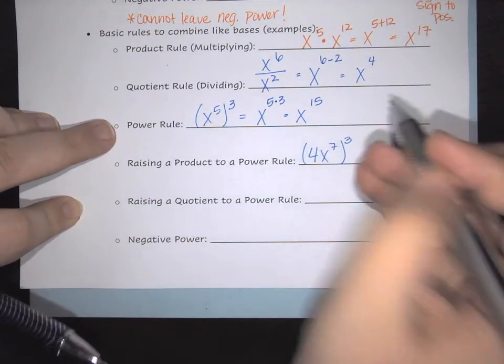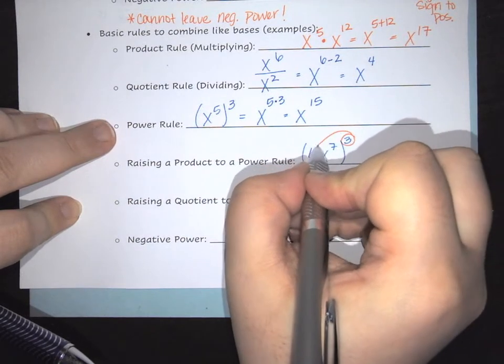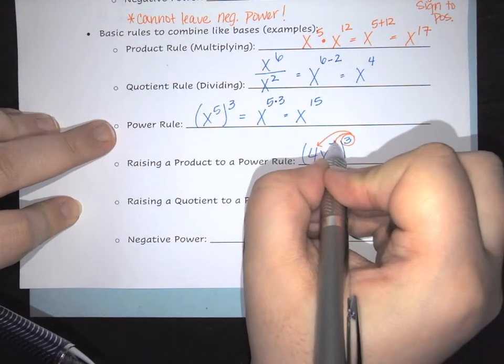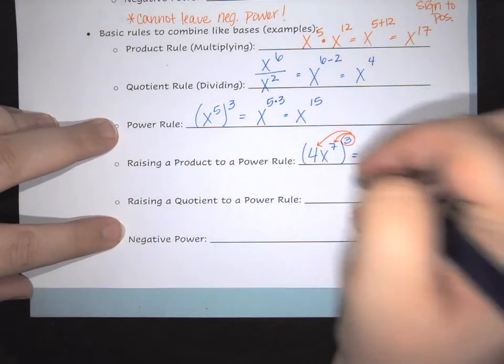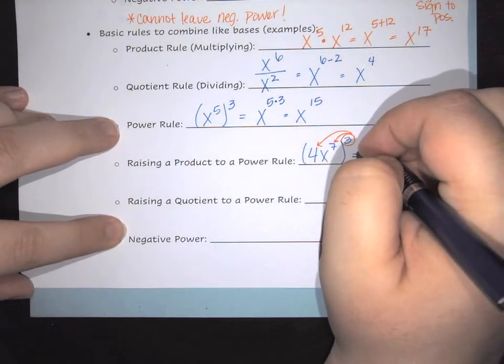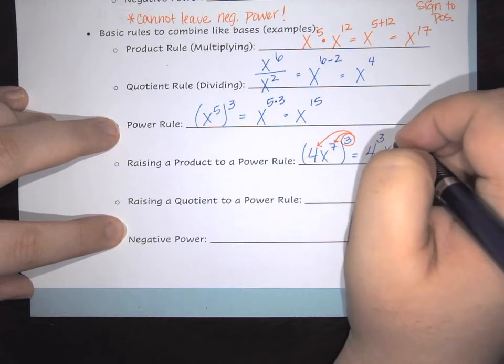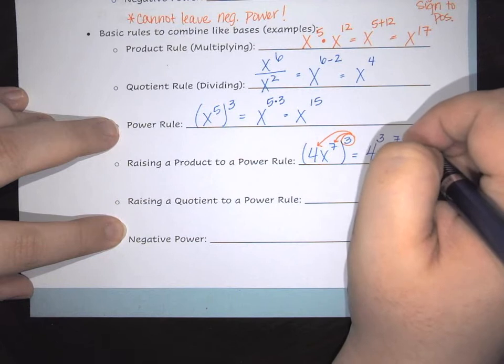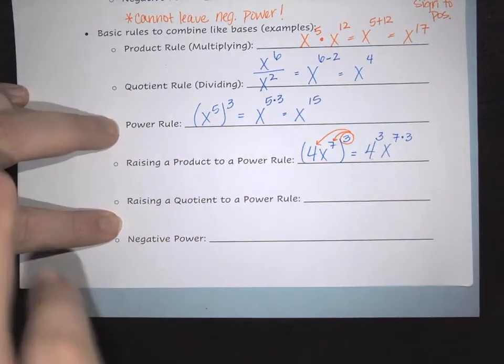So what happens is I have to take this 3 and apply it onto the 4 and apply it onto the x to the 7th. And so here this would end up being 4 to the 3rd, and then this would be x to the 7 times 3.